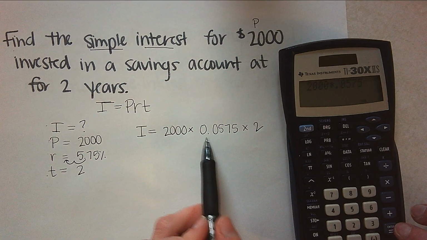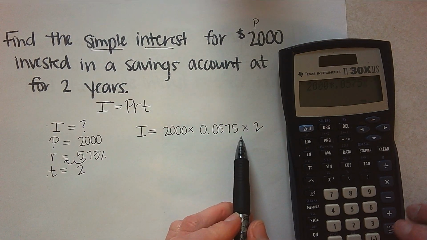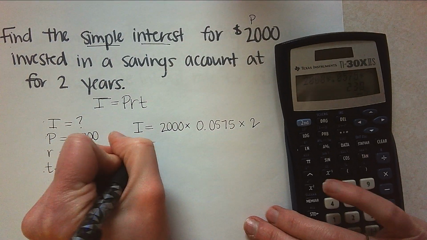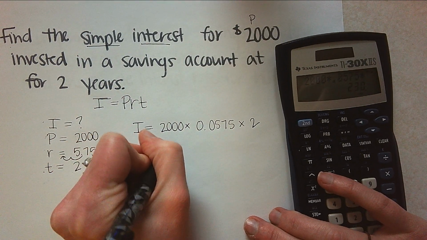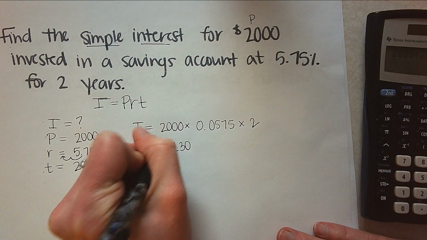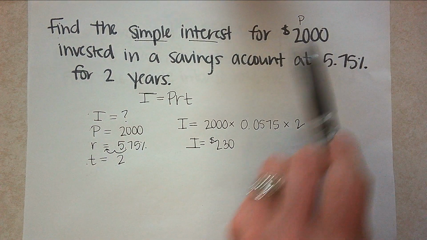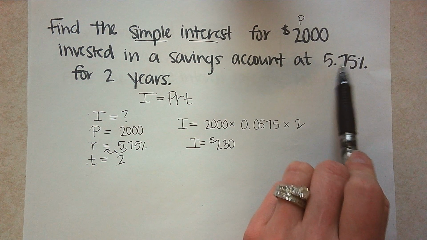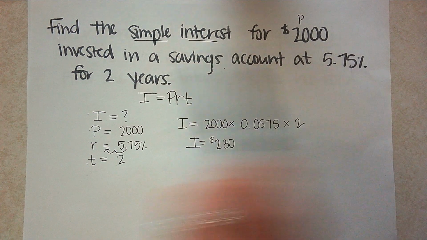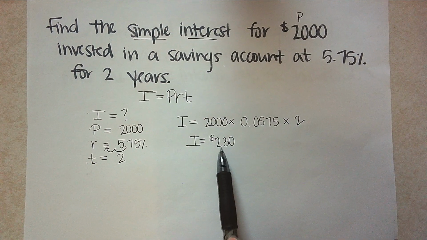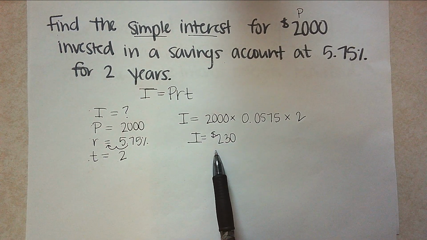I'm going to leave it as 0.0575. I use my calculator to find out that my interest here would be $230. So if I put $2,000 into a savings account with a high rate of 5.75%, if it stays there for 2 years, I don't touch that money, I'm going to make $230 in interest.